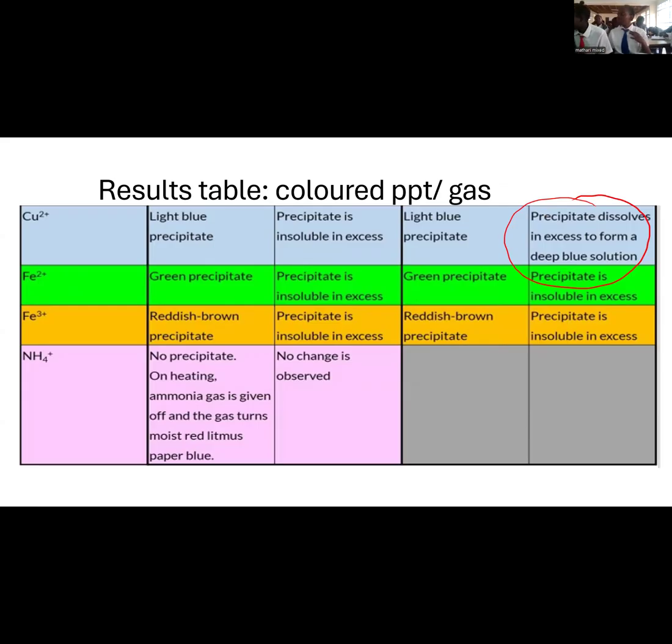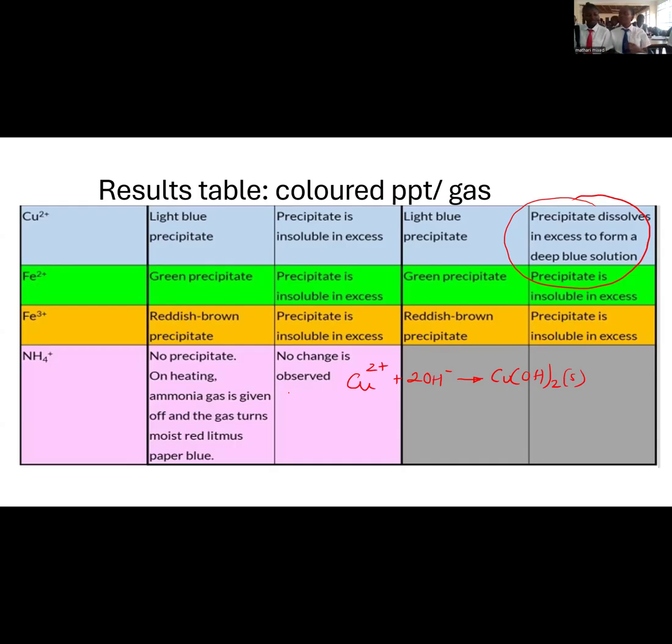If something dissolves with sodium hydroxide, what we get is something with 4 hydroxides around it, but copper is different. So let's look. Here's Cu2 plus with 2OH minus makes the pale blue copper hydroxide precipitate.